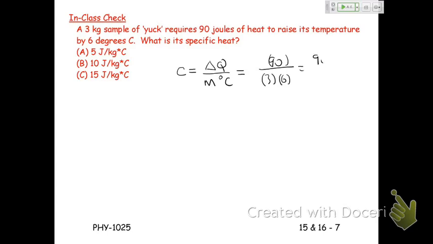That's going to be 90 over 18, which is 10 over 2, which is 5, I think. 5 joules per kilogram degree C. So that would be that. Cool.